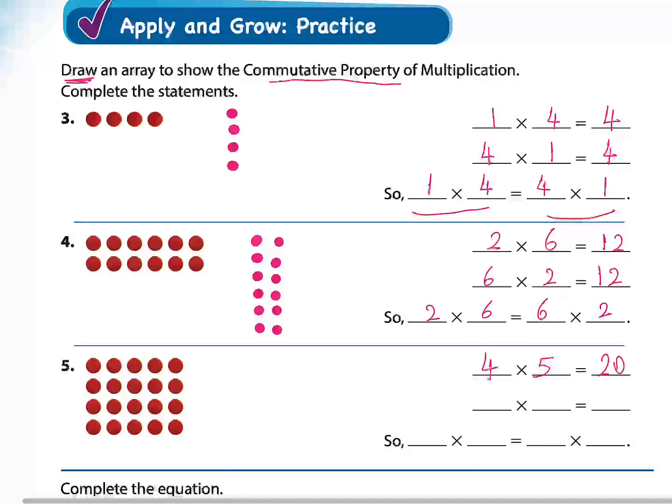Okay, now let's draw another array to show commutative property. So how many rows do we need? Turn it. Yes. It's 4 already. It's 4 times 5, so turn it. So how many rows in the new array? 1, 2, 3, 4, 5. So we need 5 rows. And how many columns?